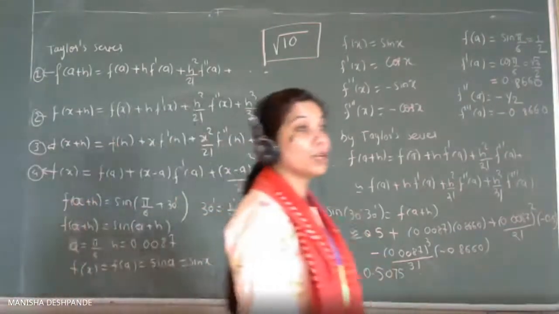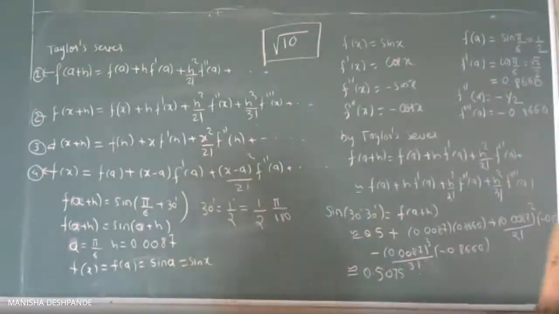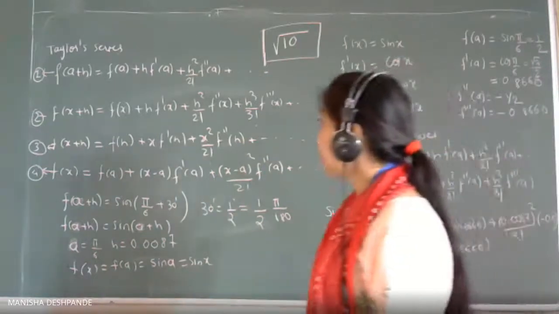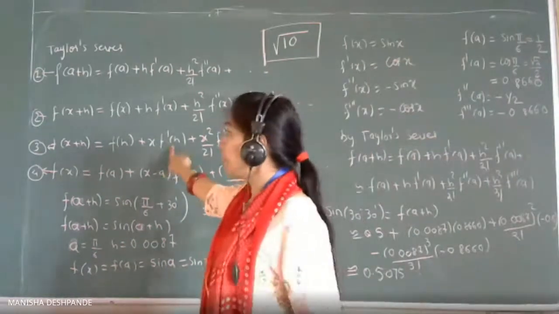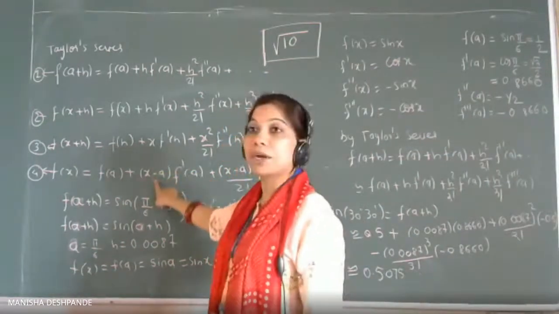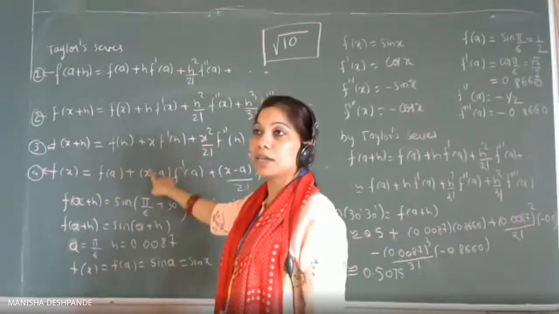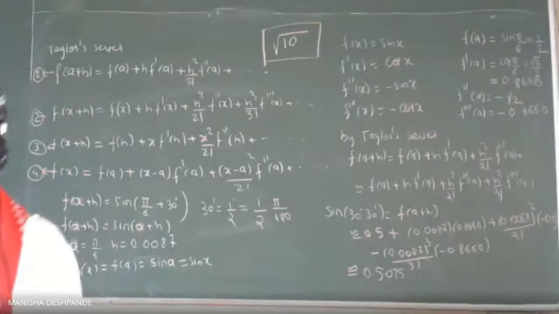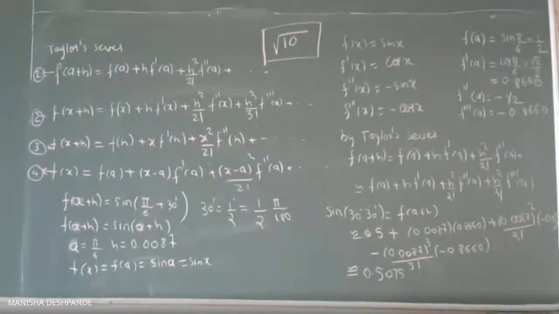These questions are generally asked in your MCQ for 2 marks, which depend on statement number 3 and statement number 4. So take down first: expand 2x cube plus 7x square plus x minus 6 in powers of x minus 2. They won't mention use Taylor series or whatever.